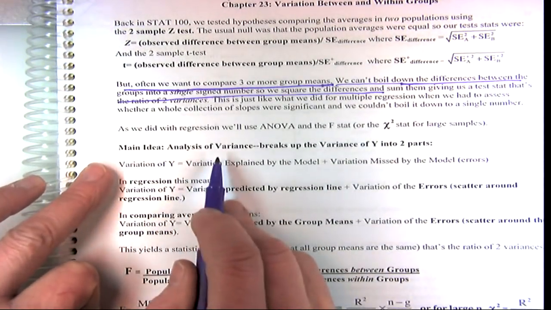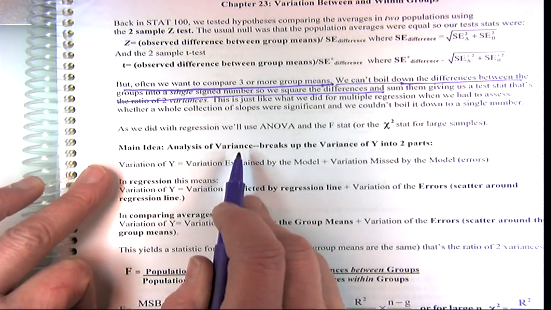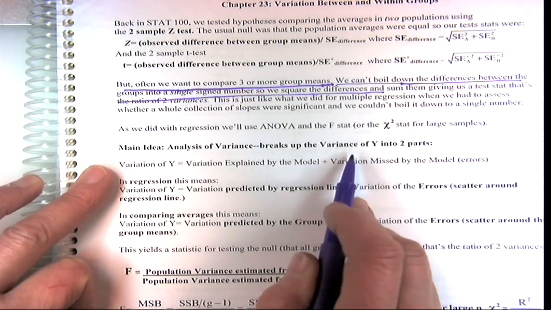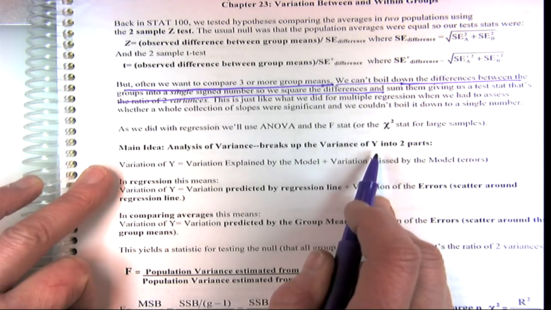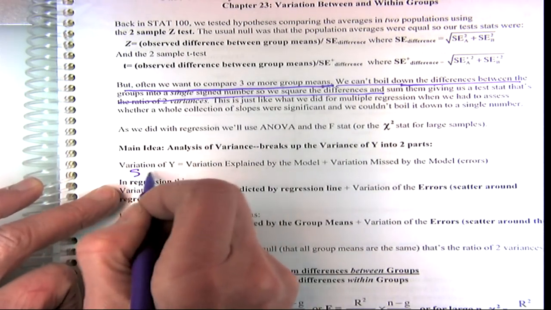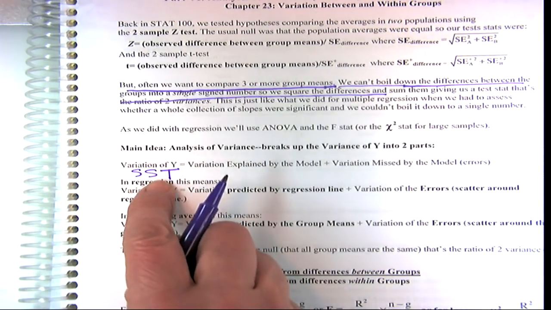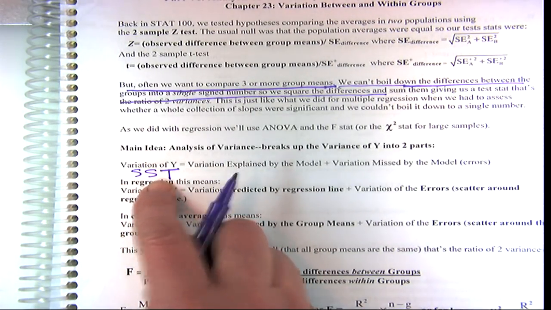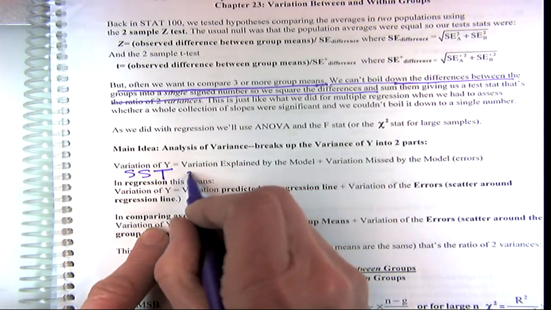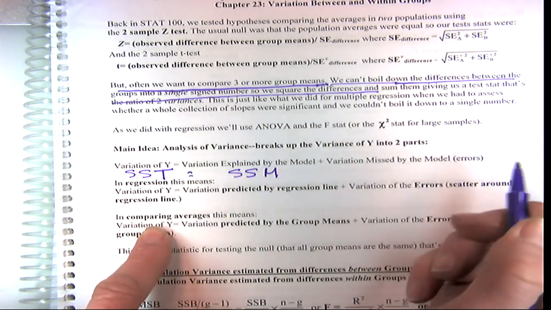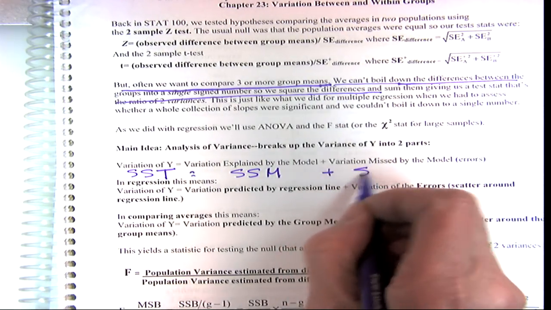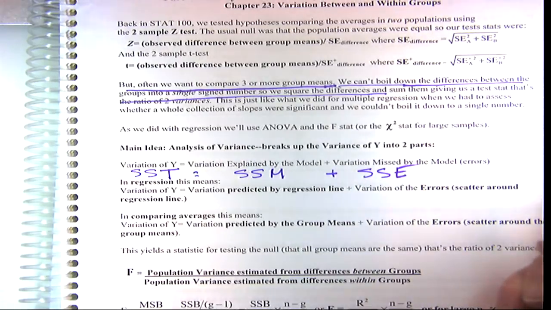So the main idea is this analysis of variance procedure we've been doing all along that breaks up the variance of the y's into two parts. The sum of squares total, how spread out the y's are around their mean, is broken up into two parts: the sum of squares model, plus the sum of squares error. Okay?